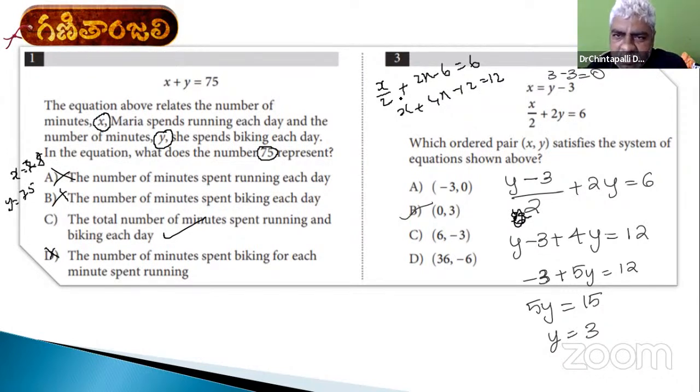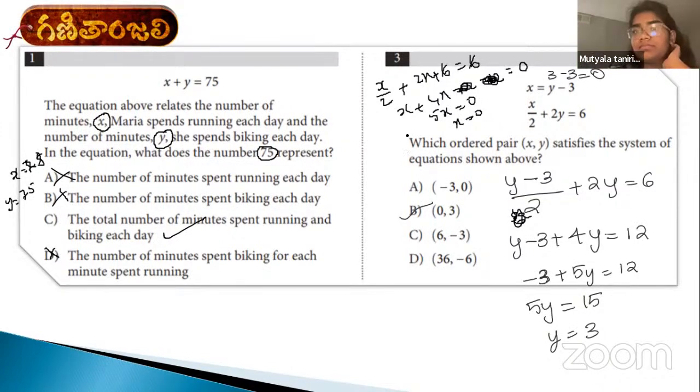Y means y plus 3, y plus 6. 6 gets cancelled. X plus 4x is equal to 0. 5x is equal to 0. X is equal to 0. So many methods. Anyhow, good. Option B is correct.